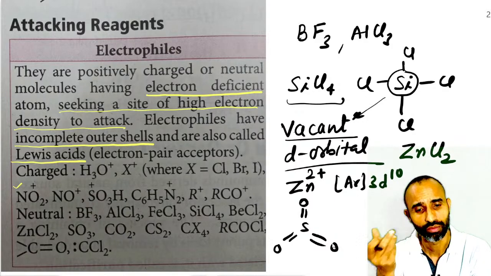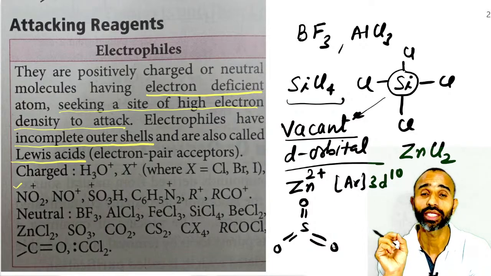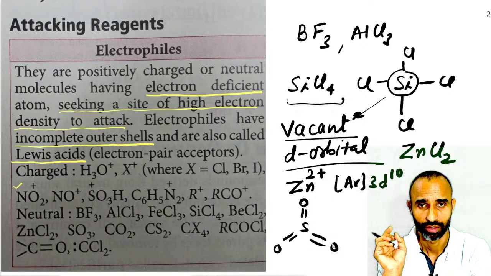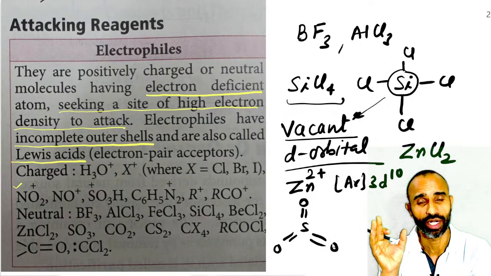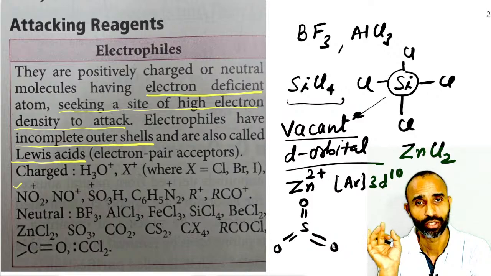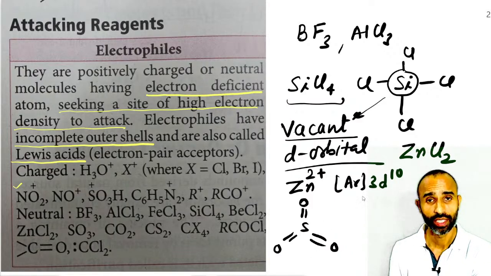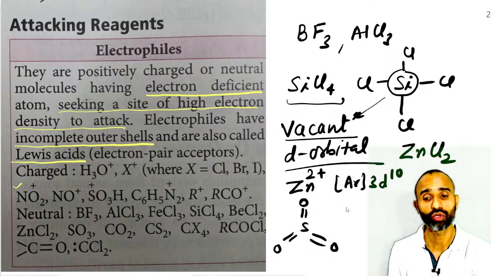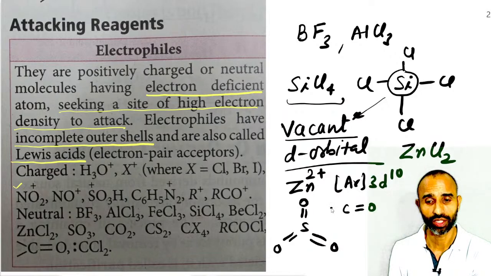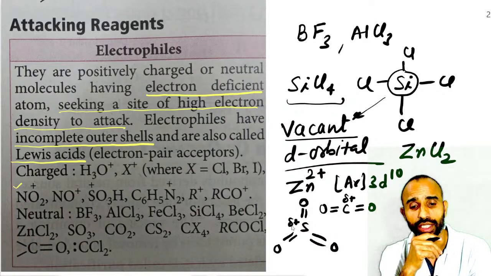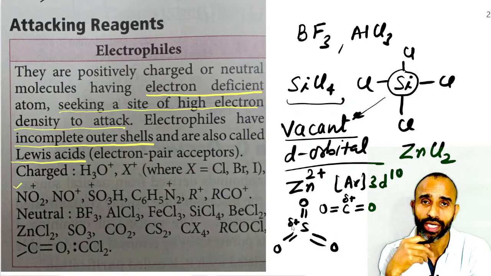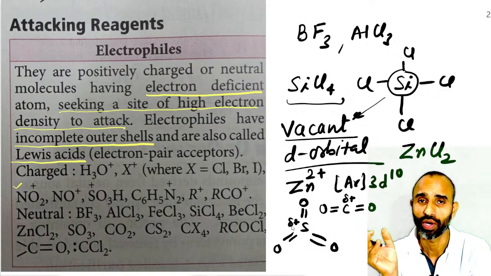Even so, whenever there is a pi bond attached to a more electronegative atom, it makes sulfur electron deficient. Same is the case with CO2. Carbon gets partial positive, here sulfur gets partial positive, and that's why they are electron deficient and they behave as electrophiles.